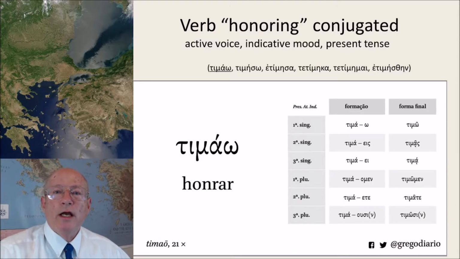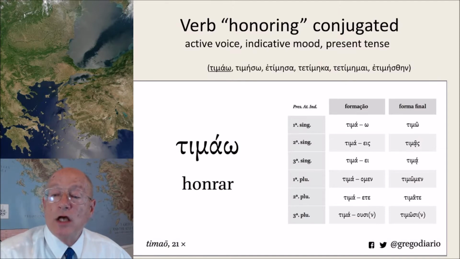So now I want to look at a couple of other verbs that are alpha contracts. So here is timao, which means to honor. And this is related to the word timocracy, which is a government form that celebrates honor.